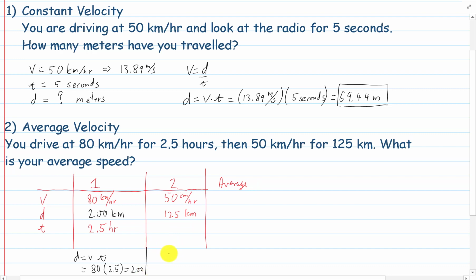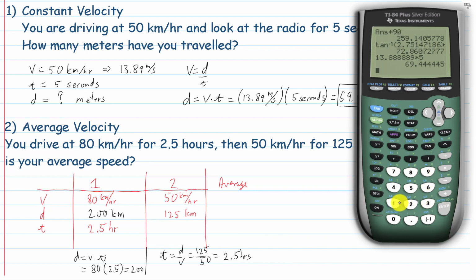In stage two, we had to calculate the time, and time is distance over velocity, and that's 125 divided by 50, which is equal to, is that 2.5 hours as well? Yep.